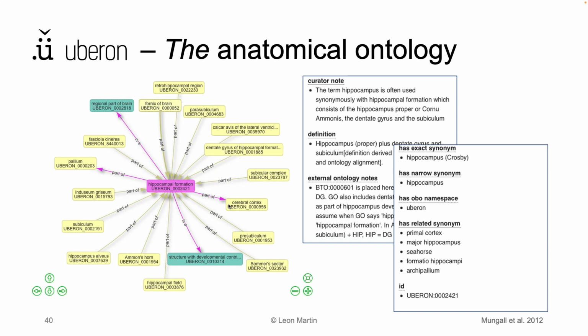So it's a really complex ontology of anatomy. And we have this hippocampal formation, which has an ID and a URI. And this is linked to other ontologies to be equal. So we have different ontologies, different nomenclatures, but they are interlinked to point at the same concept.